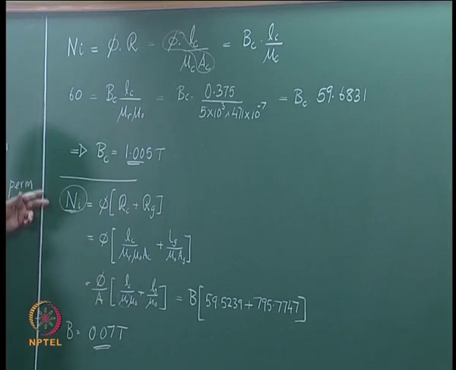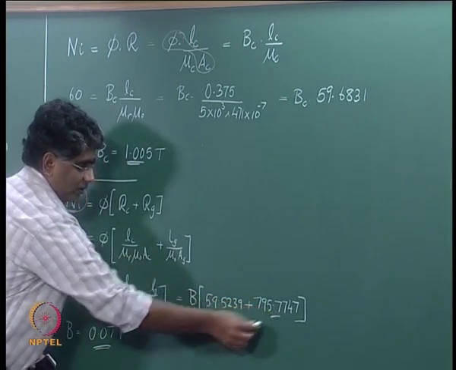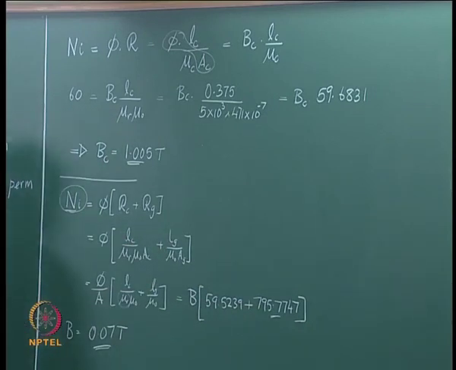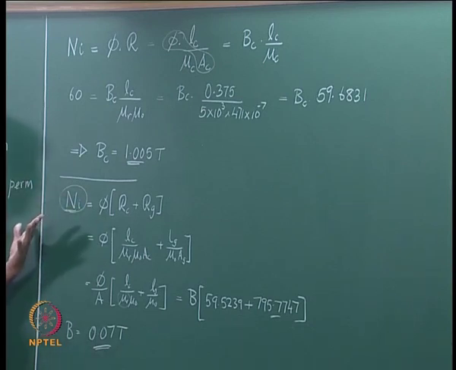So the only way to increase B is then to increase the value of Ni, or of course the other way would be to decrease this number, which means you have to decrease the value of Lg, which means a smaller air gap will give you a higher flux density, or you need to increase the number of turns and or increase I, which means effectively increasing the excitation to the loop here.